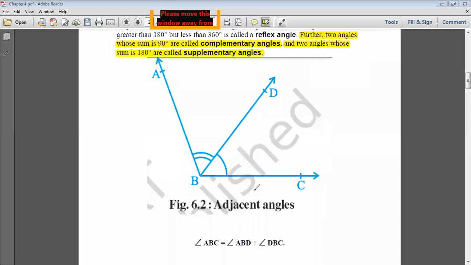In other words, when we add both these angles, we get the total angle, which is angle ABC. That is, angle ABC is equal to angle ABD plus angle DBC. That is why we call them adjacent angles. Are you all clear? Yes, sir.